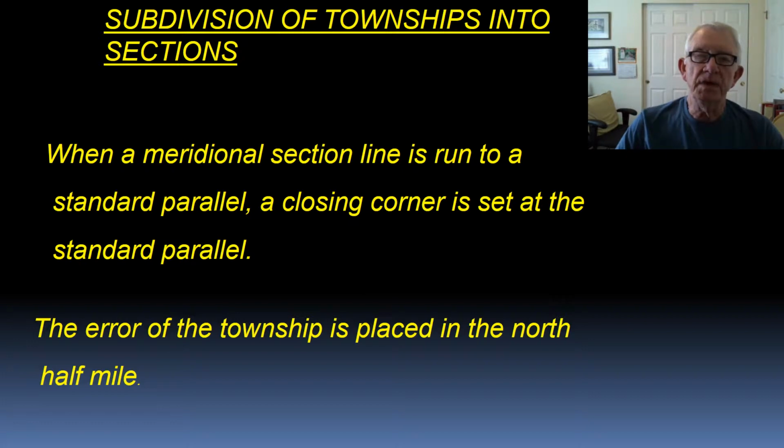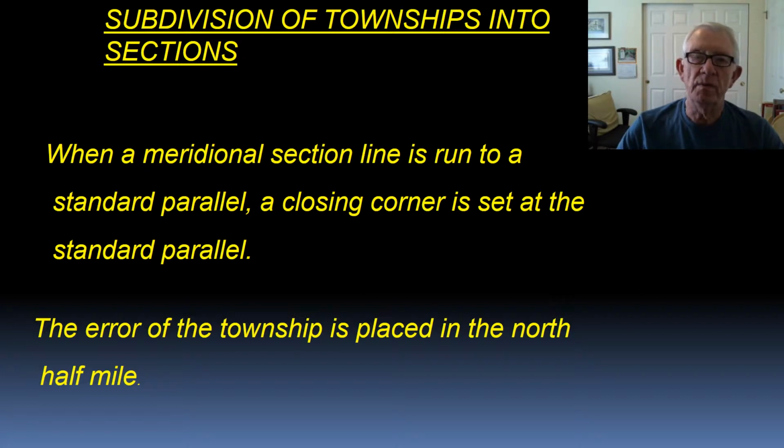Now, the exception to what we just talked about is when the section line is run on up to a standard parallel. Remember, the standard parallels were designed to compensate for convergence. So what we would do is run the north-south section line parallel with the east range line till it hit the standard parallel, and then we would put in a closing corner.